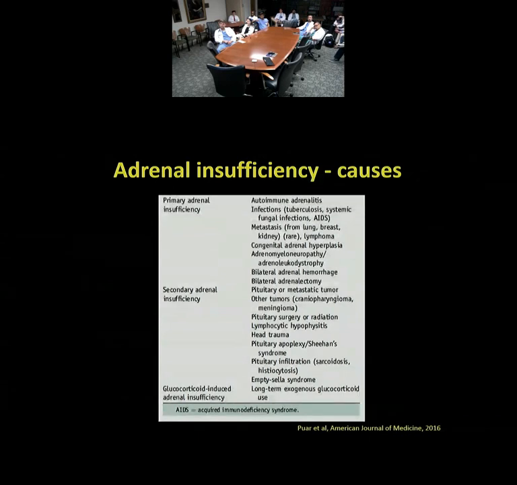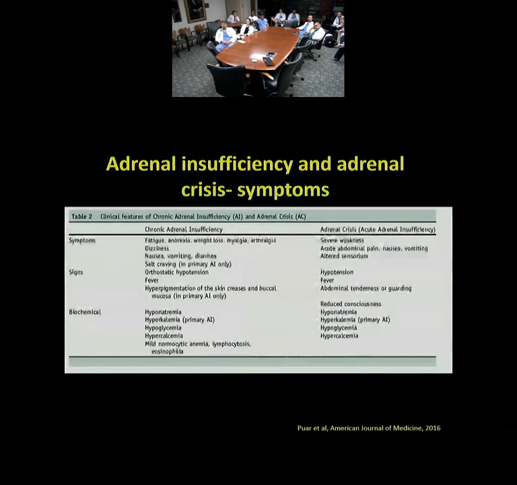You may see metastatic disease, bilateral adrenal hemorrhage in people on anticoagulants, or bilateral adrenalectomy for cancer. You will see a lot of secondary adrenal insufficiency from pituitary disease or from long-term exogenous use of steroids, right? So again, this is a high mortality condition, and you should be able to recognize it.